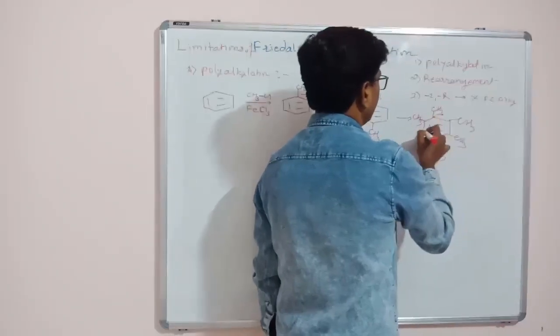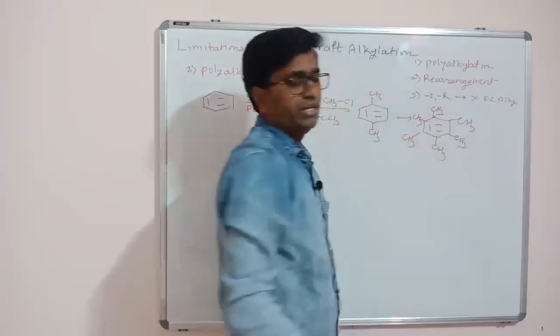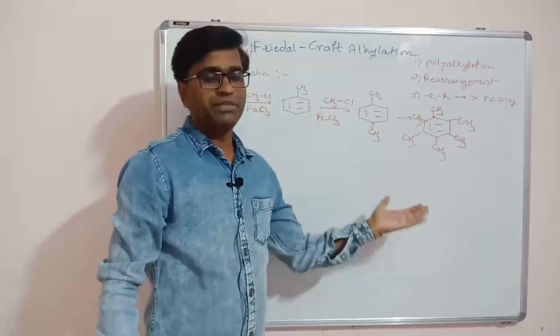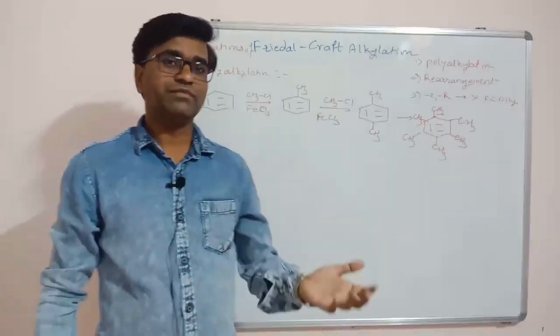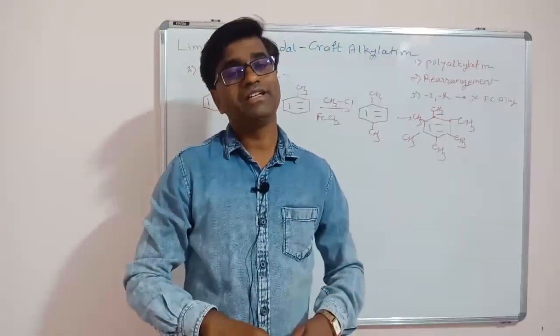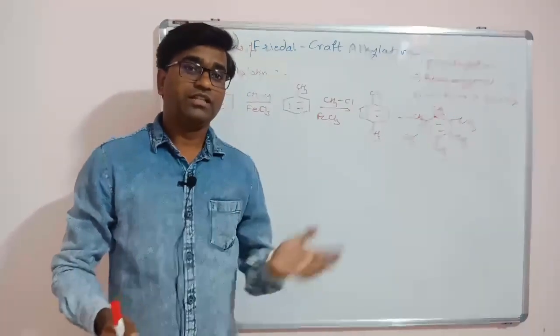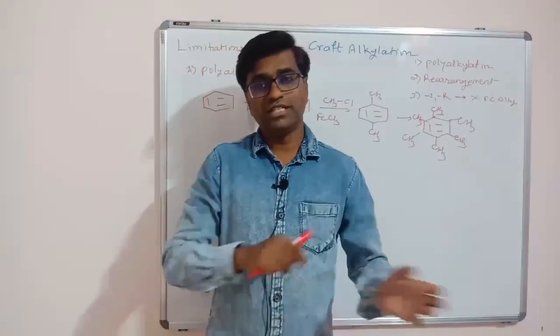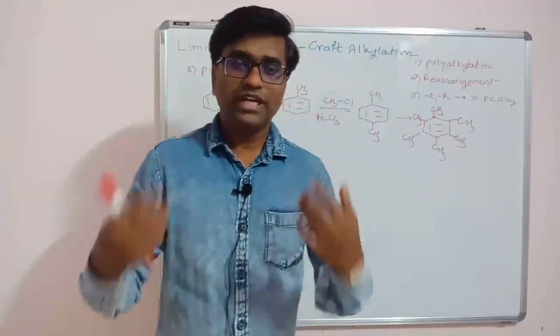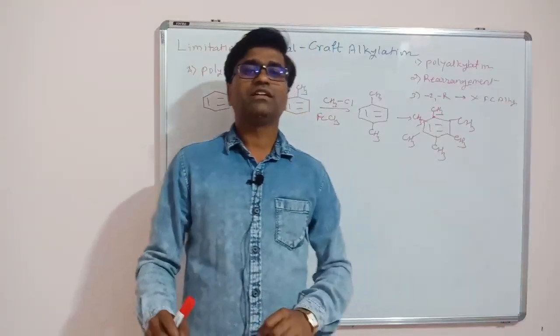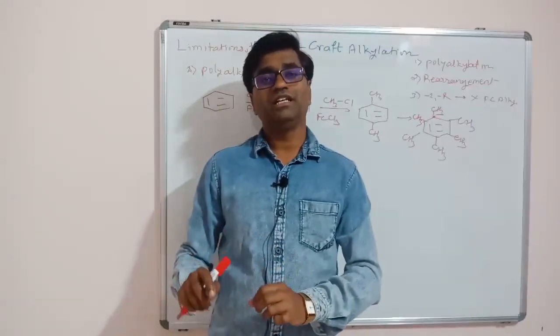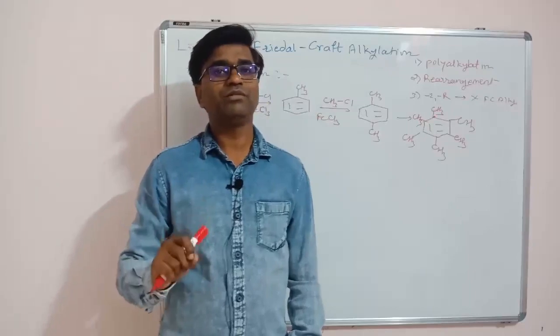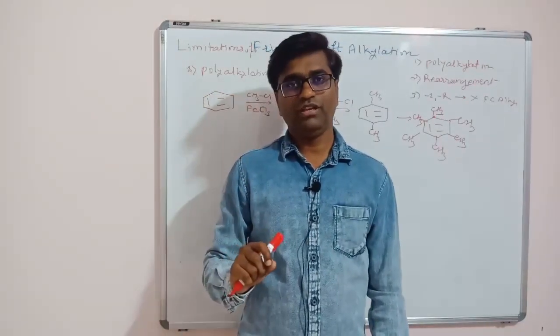So what we want is toluene, and what we end up with is dimethyl, trimethyl, tetramethyl, pentamethyl, hexamethyl benzenes. We get a mixture of products. The separation of this mixture will be very difficult, and the quantity of the desired product is decreased. The yield is very low.